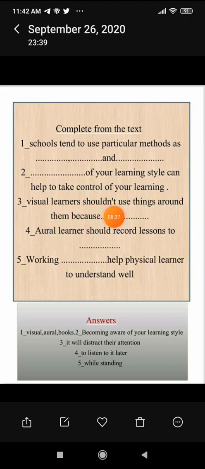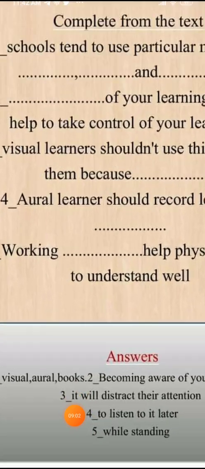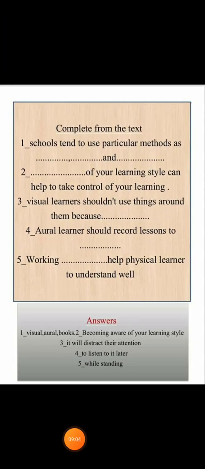Visual learners shouldn't use things around them because it distracts their attention. Number 4. Oral learners should record lessons, to listen to them later. Number 5. Working while standing helps physical learners to understand well. Yes, excellent. These are the answers.